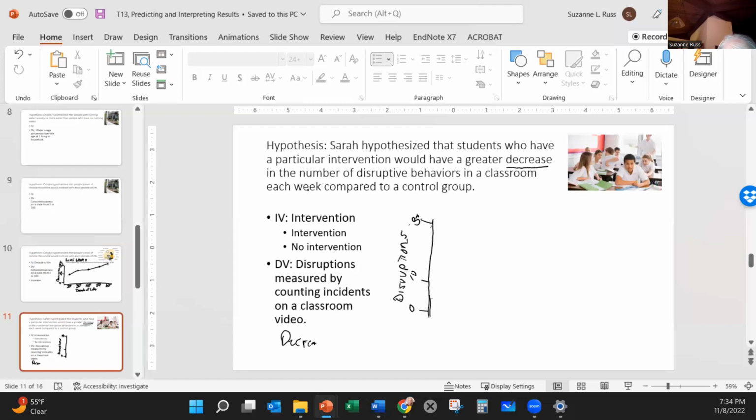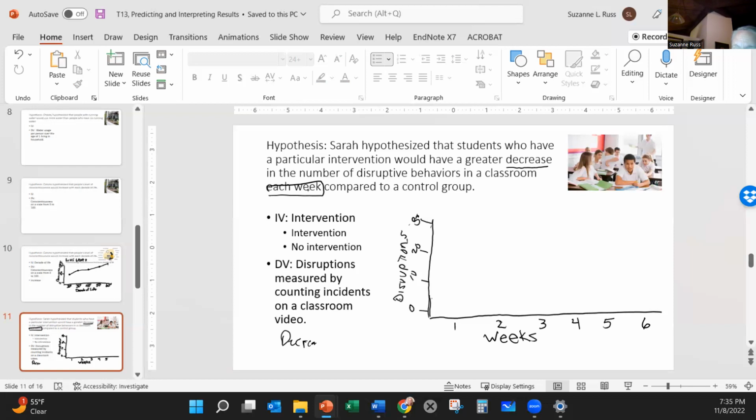And so let's put 10 and 20 here. We're just predicting. And then across the x-axis, in this case, the time frame that we're working with is week. And so let's put weeks as our label. And we would have week 1, week 2, week 3, week 4, week 5, and week 6.